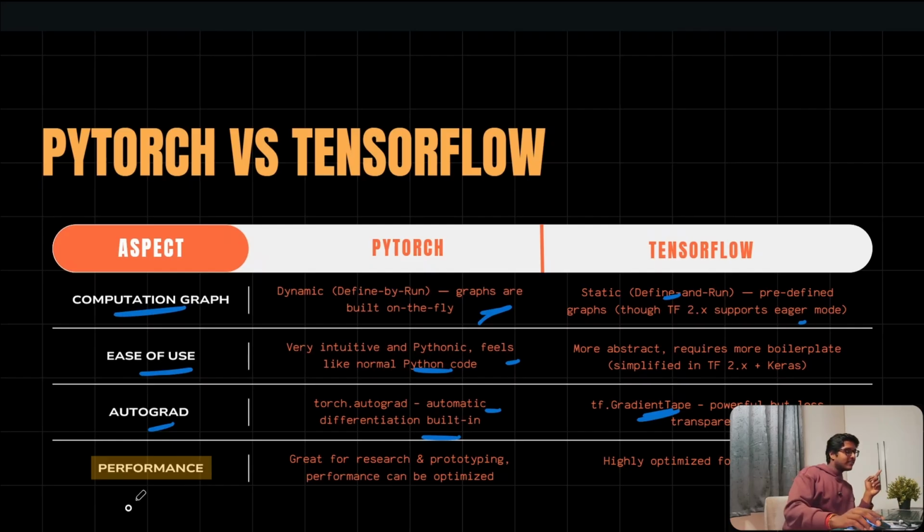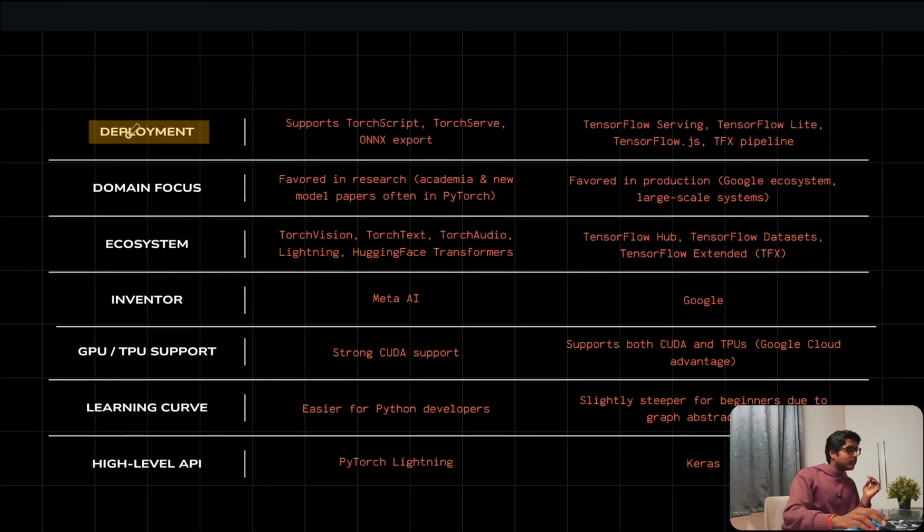Next up, performance. Because PyTorch has very little abstraction, it's used more in research and in model paper implementations. Whereas TensorFlow has some boilerplates and abstraction, so it's not that great for research, but it's used more in enterprise or in production pipelines. Next up, model deployment.